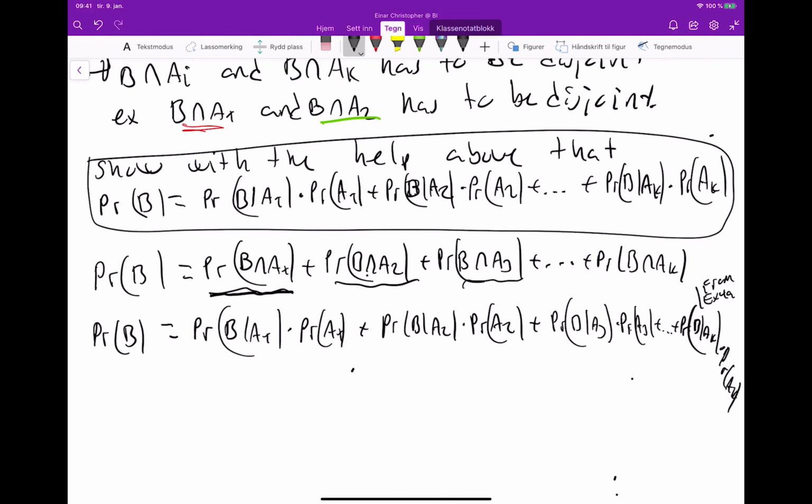And this was actually what we were going to show, and we can write this more beautiful by using a summation sign, i equal 1 to k, and the probability of B given Ai times the probability of Ai.